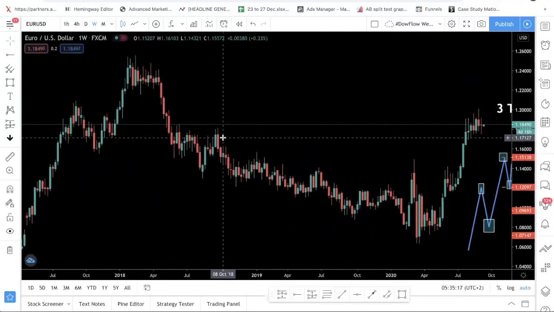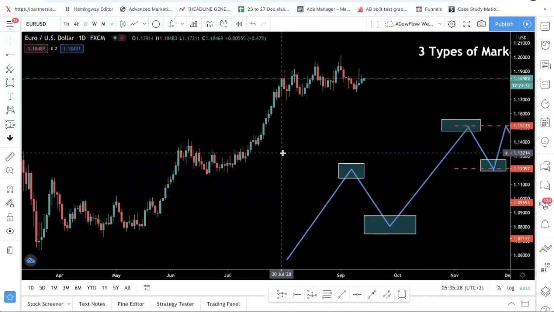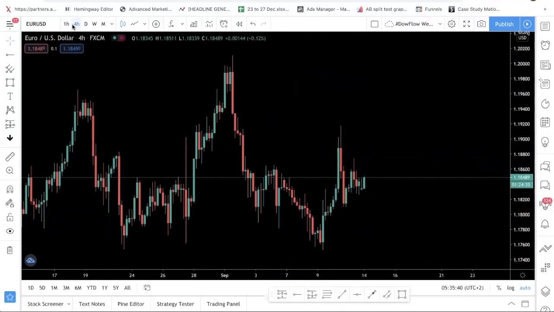So one thing to note about market structure is that different time frames will have different market structure. If you go into the H1, you're going to see different structures. And if you go to the daily, you're going to see different structures. Now, I know you might ask, which time frame should you focus on in that case? If you really need the hard and fast answer, I recommend that you start on the daily time frame. Do not go to a lower time frame, especially if you are new to trading, because the lower the time frame, the harder it is to identify, and that requires more skill.